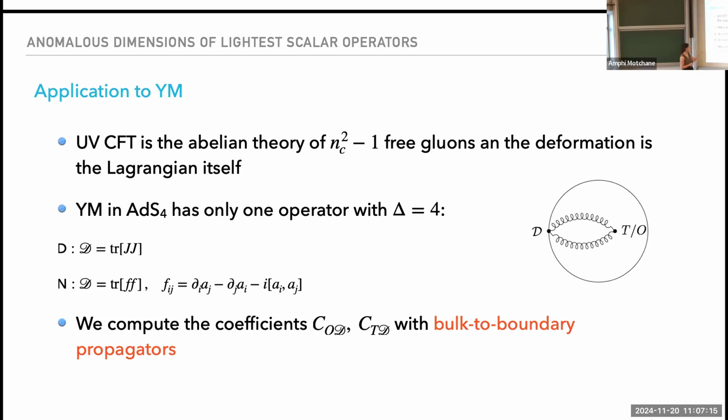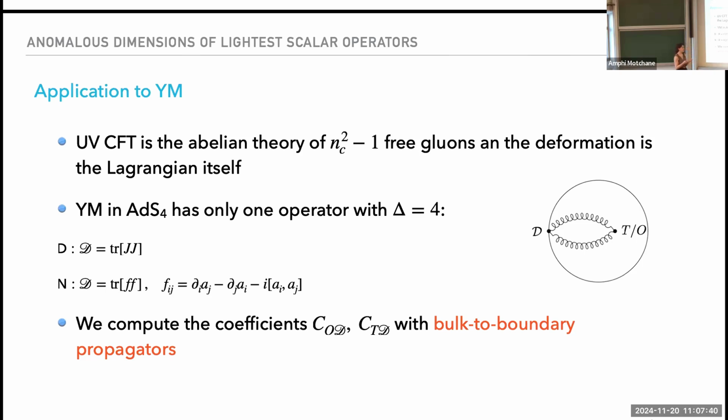So we can compute C_D and C_T by expressing the displacement operator in terms of the currents. The deforming operator is the Lagrangian itself, so we can express it in terms of the gauge field. And the stress tensor in the bulk, we can also express in terms of the gauge field in the bulk.